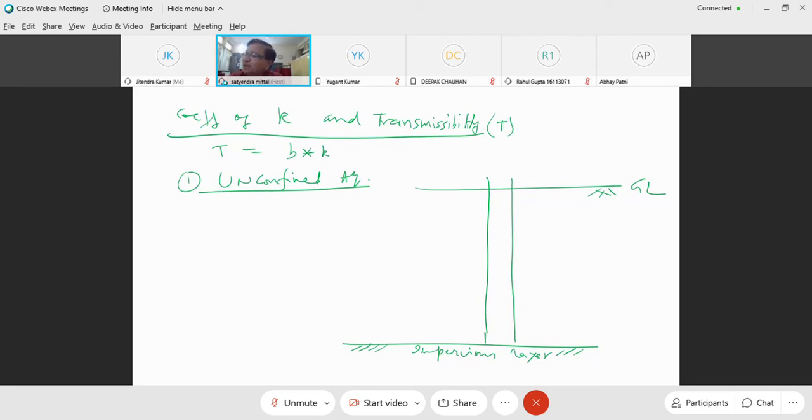Below this, even if water is there, it cannot come up. Impervious, because it is not permitting any water to pass through it. Whereas above this hatching line, this is all a pervious layer. So this is called unconfined aquifer.